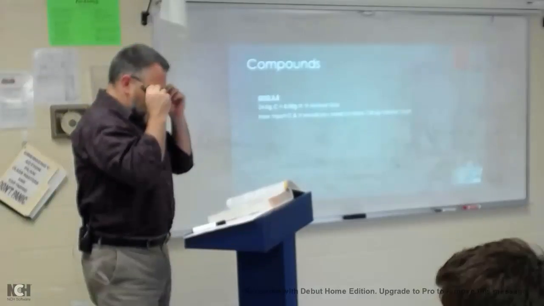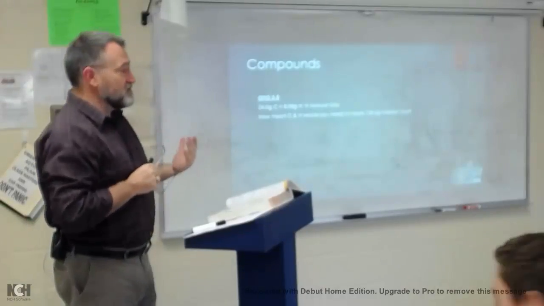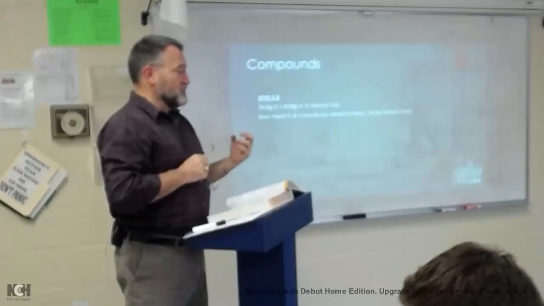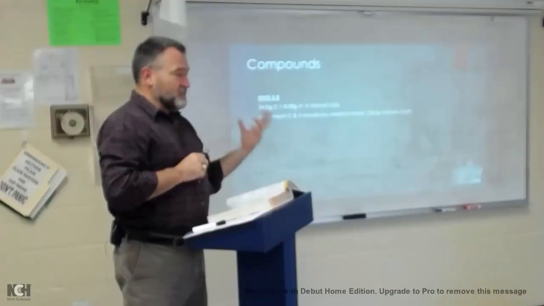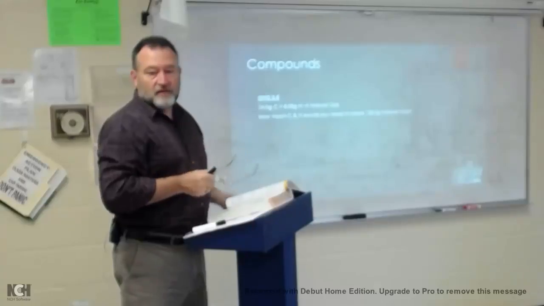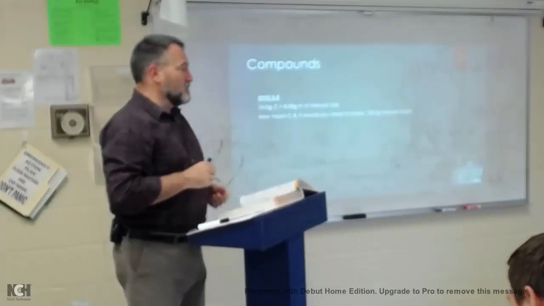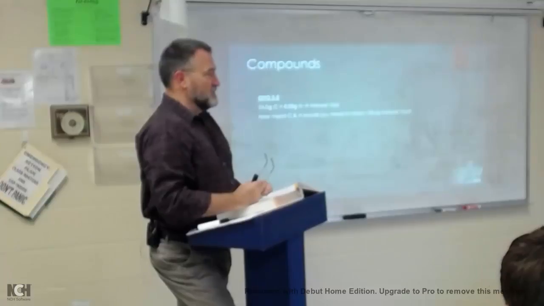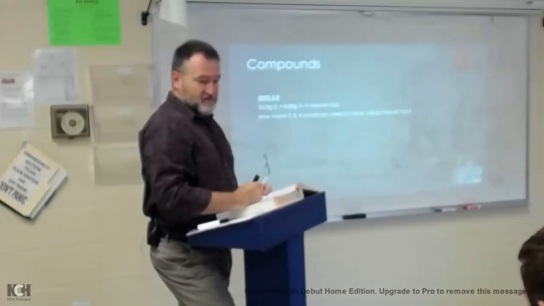And talking about compounds, remember what a compound is? As opposed to, let's say, an element versus a compound. An element is in the form of an atom. Compound is in the form of a molecule. The compounds are made up of elements.